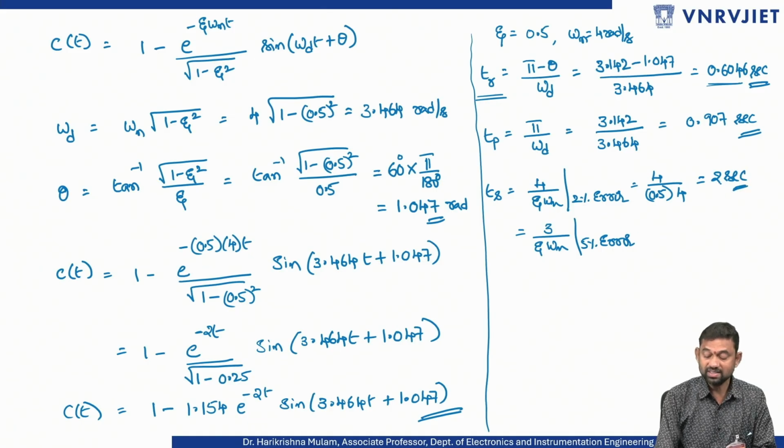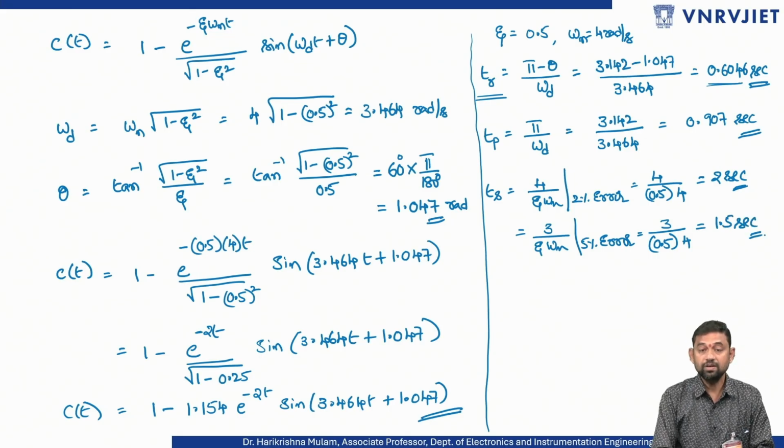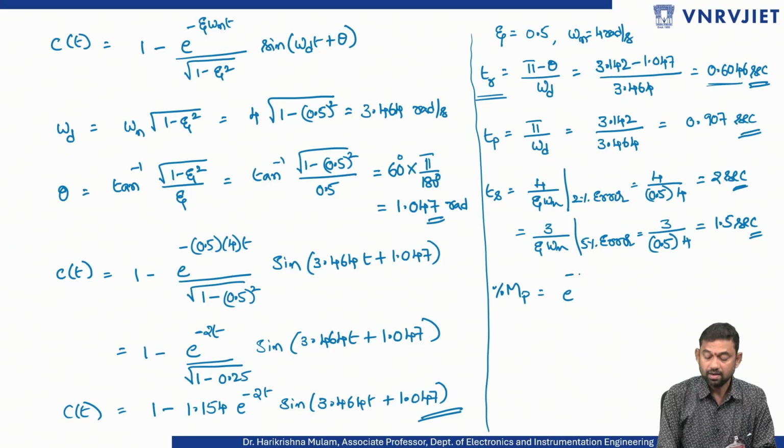Where 2 seconds is the settling time if you consider steady state error as 2%. If you consider steady state error as 5%, this will be 3 by 0.5 into 4. It is around 1.5 seconds.